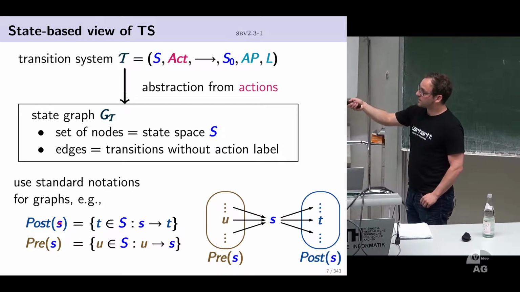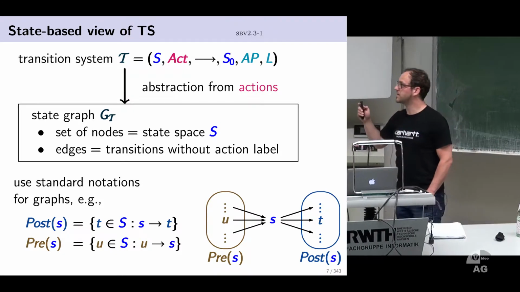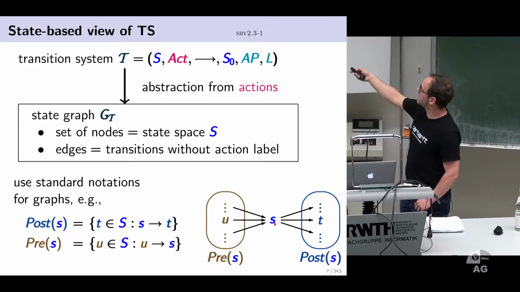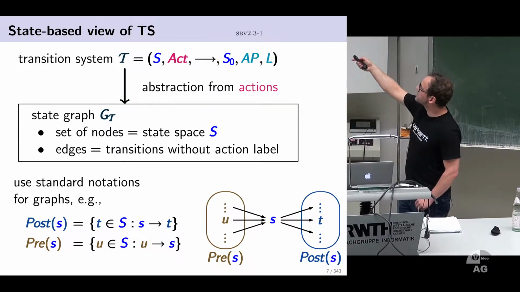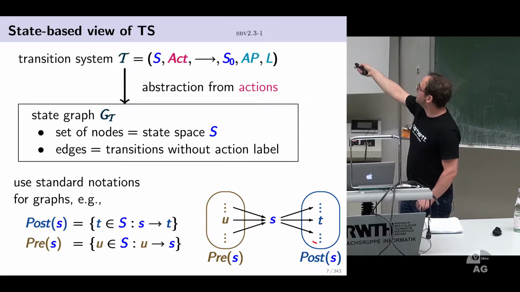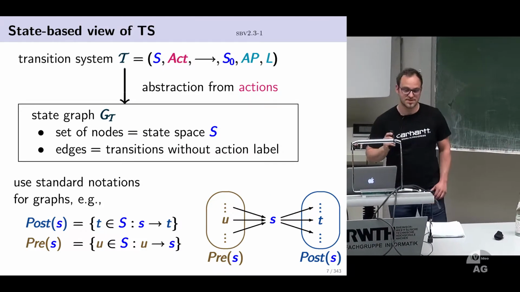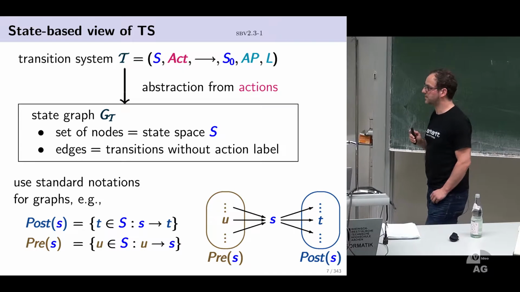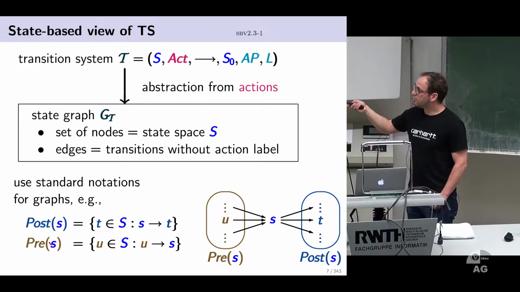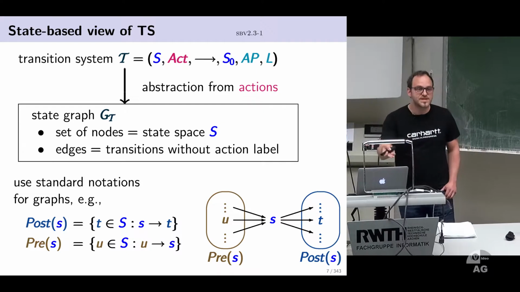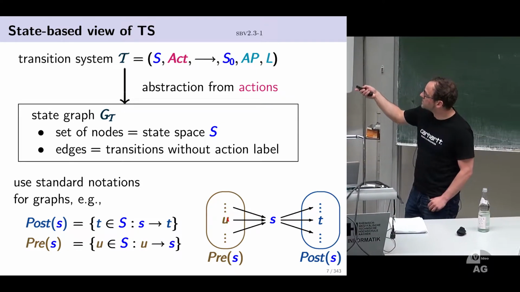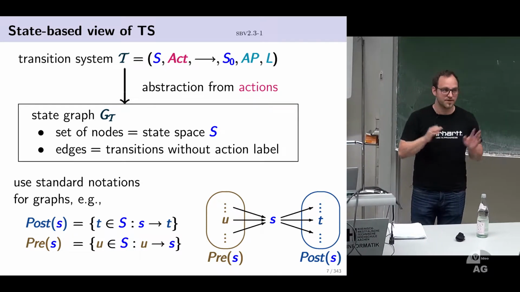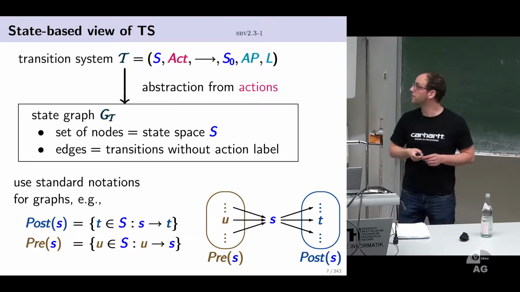We use post of S to denote the post image of the state S, meaning all successor states of state S. If you think of the state S, it has some outgoing edges in the unlabeled state graph, and they lead to some successor states T. These are put in the set post of S. Similarly, we have pre of S, the pre-image of the state S. It's all predecessors that can go in one step to the state S itself. Oh, and by the way, I didn't say this explicitly, but if you have any questions, just feel free to interrupt me, okay?